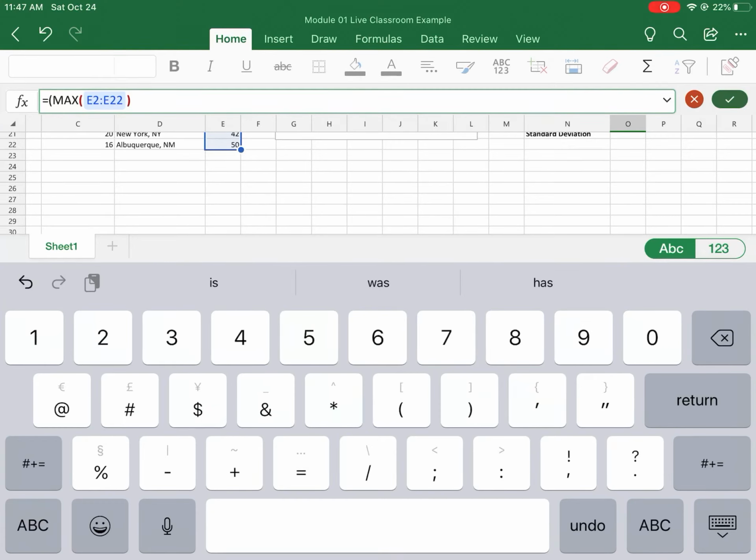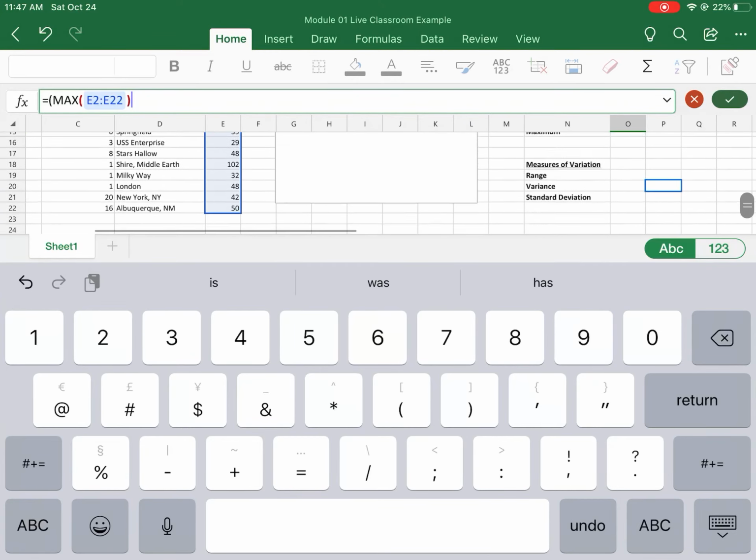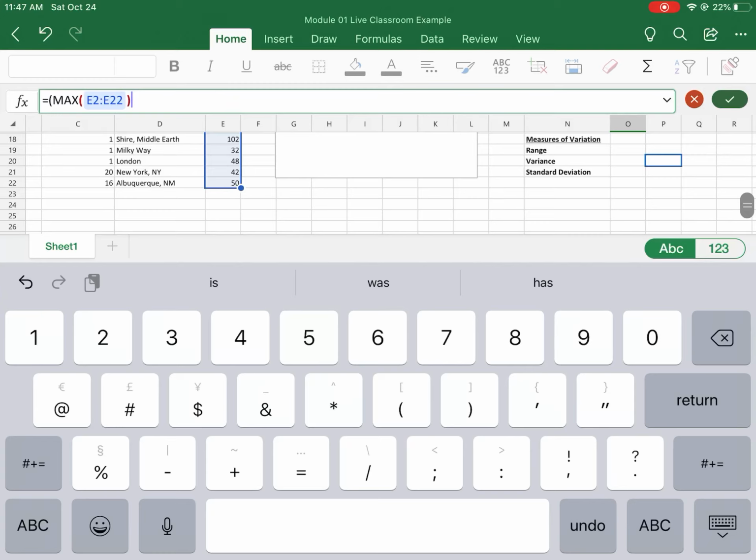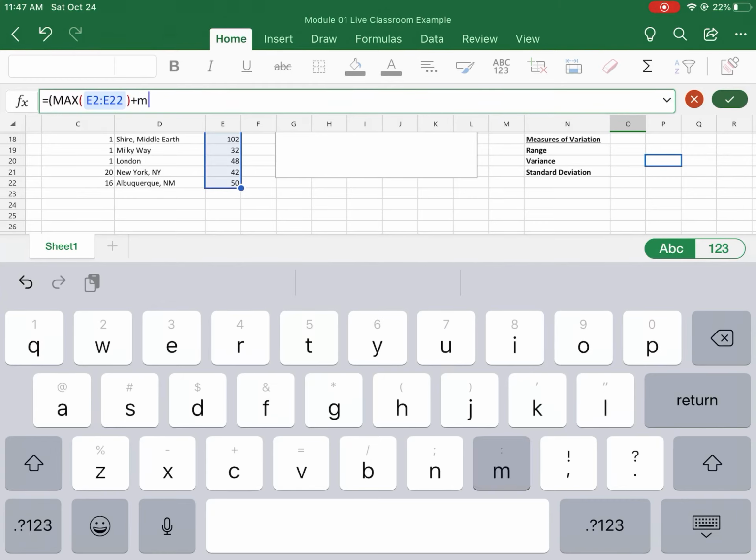So I have my max, and then I'm going to do, okay, so again, I'm finding the mid-range here, so then that's going to be plus. Now I'm going to do my min.